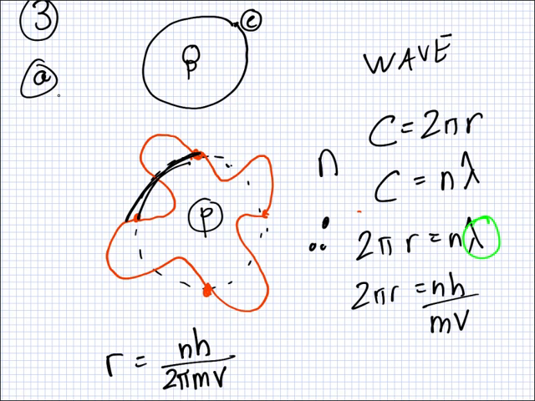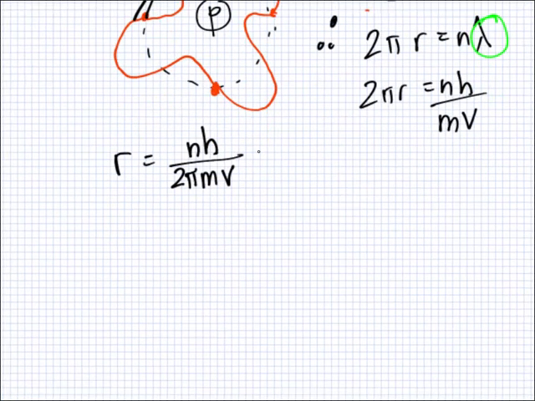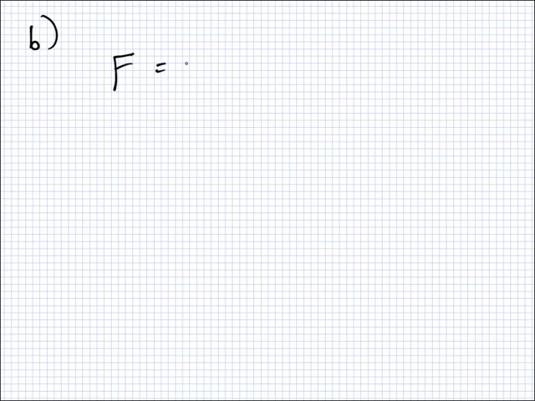Okay, for part B now, the v is not known. So next, find an expression for v by using the formula from circular motion and Coulomb's law. You know Coulomb said F equals 1 over 4 pi epsilon 0 Q1 Q2 over r squared.